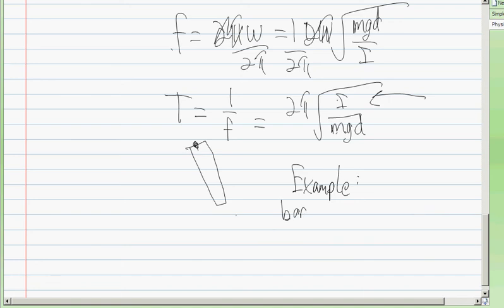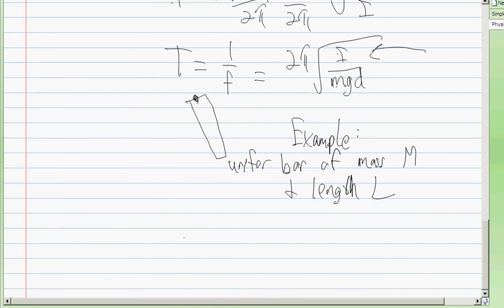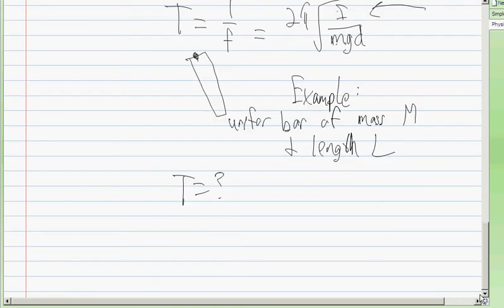A uniform bar of mass m and length L. Okay, what's the period? Well, the period's going to be 2 pi square root of I over mgd.